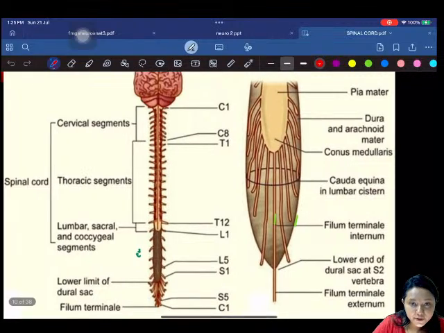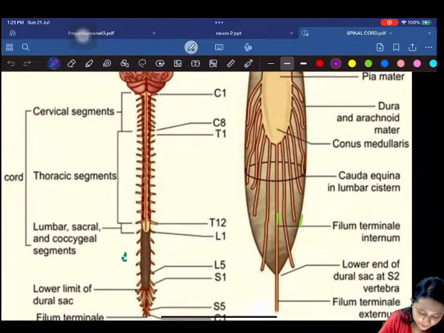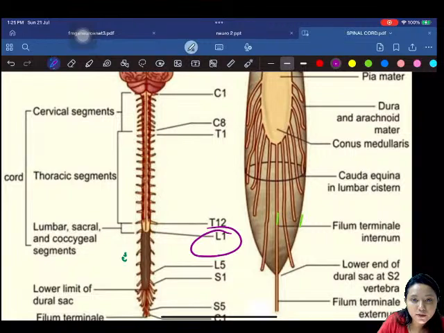So you can see here, this is the lower level of the spinal cord, that is the conus medullaris. Okay, so it is at the level of L1.